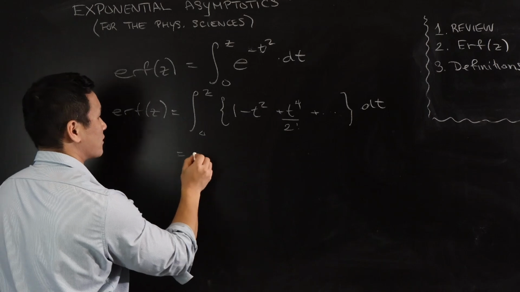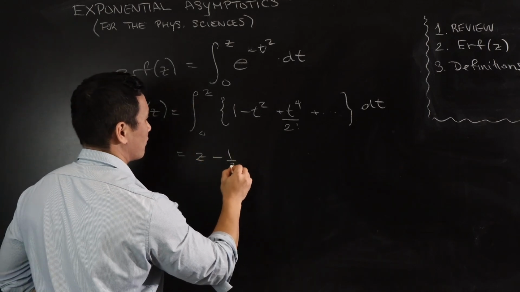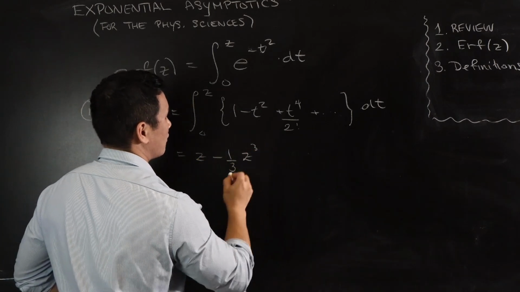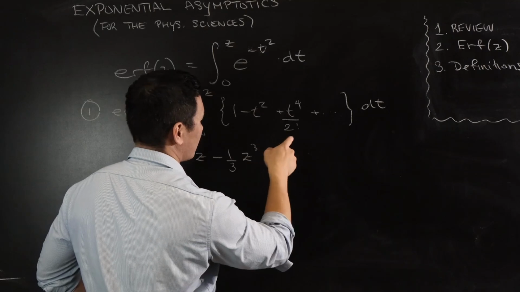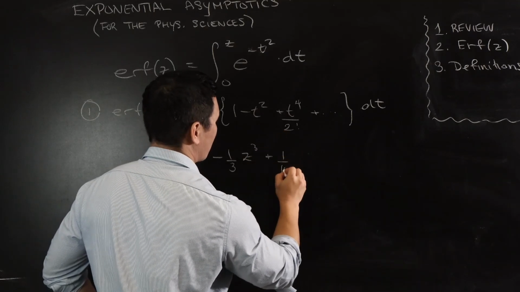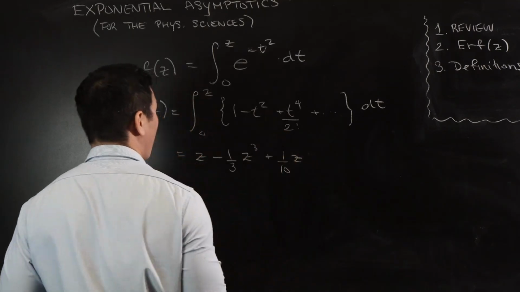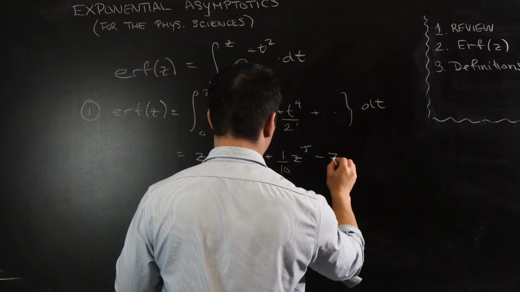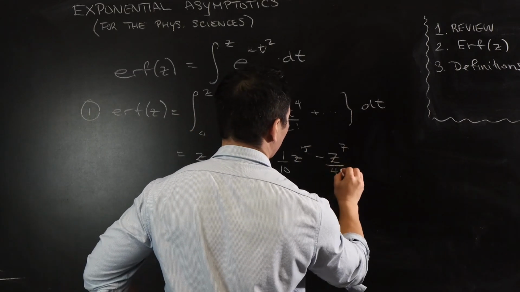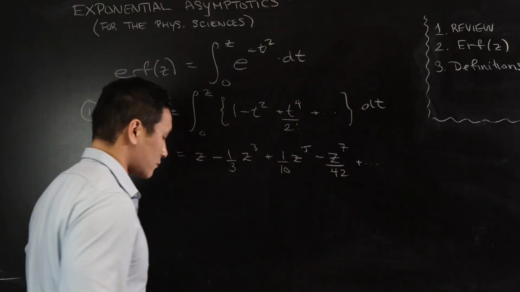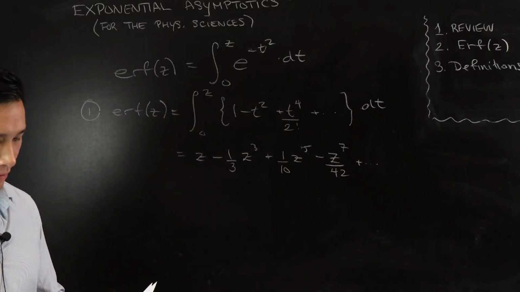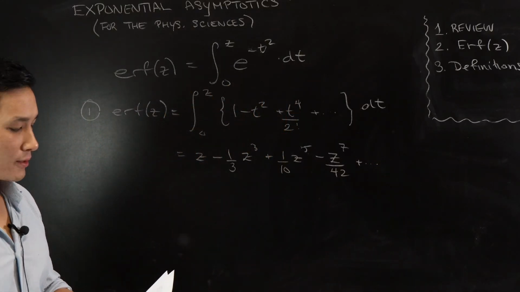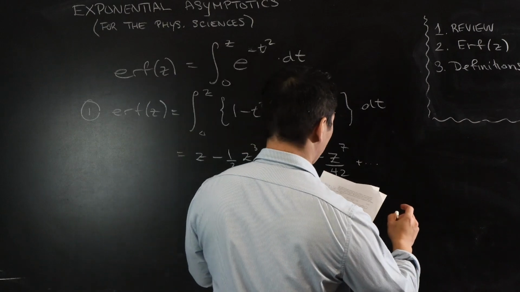So this is z minus 1/3 z cubed plus 1/10 z to the 5, and the next term is z to the 7 over 42, etc. Okay, and if we want, we can write down the full representation.